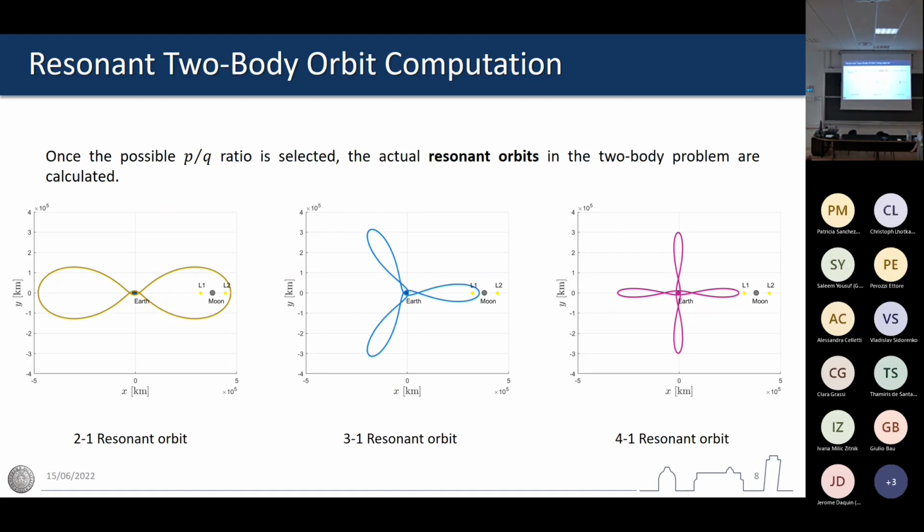The first step was to look for a proper resonant orbit. The first step was to look for a resonant orbit in the two-body problem, considering only the Earth as the main body, but the influence of the Moon is not negligible.